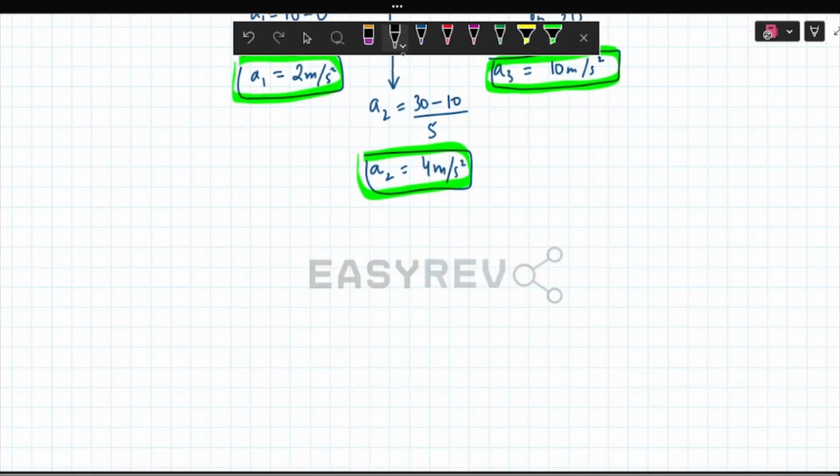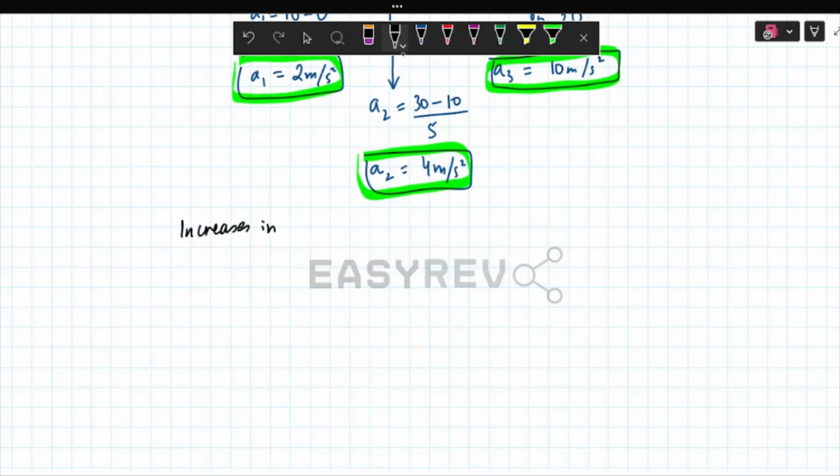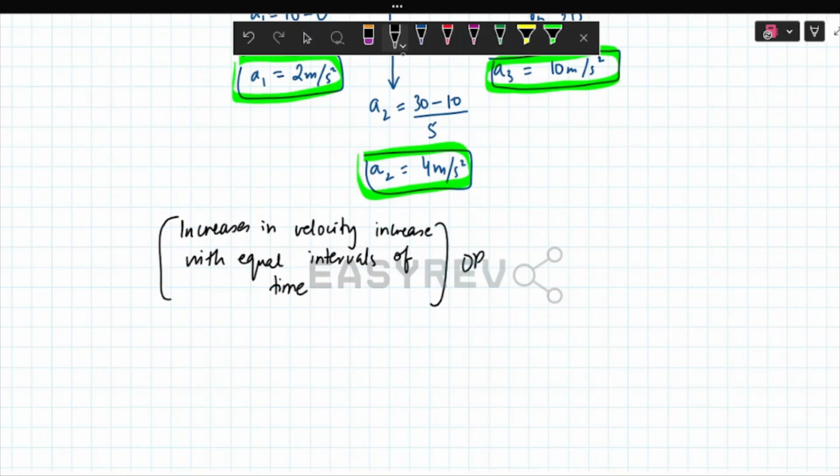We describe it as the kind of motion wherein increases or changes in velocity increase themselves with equal intervals of time. Or you could also categorize it as the kind of motion wherein acceleration increases with time.